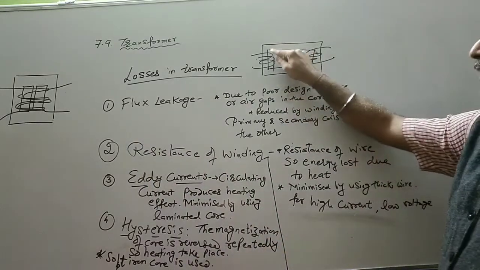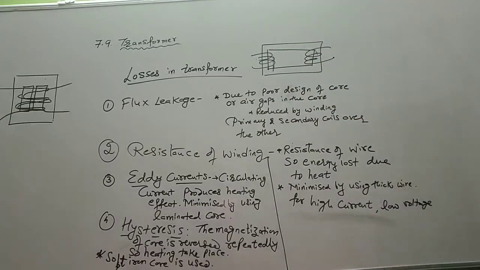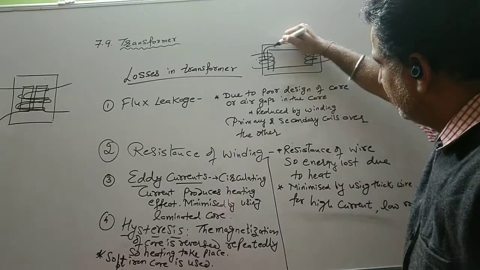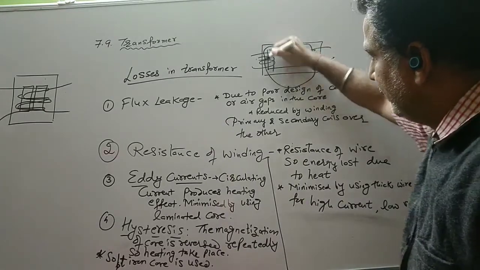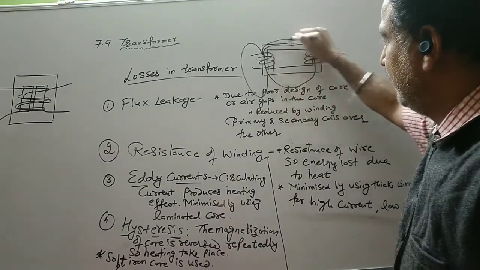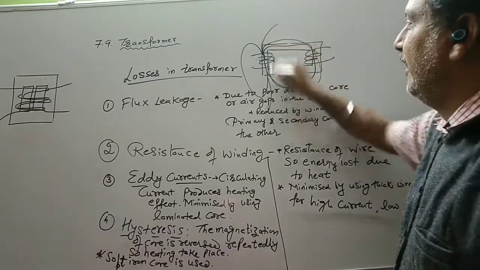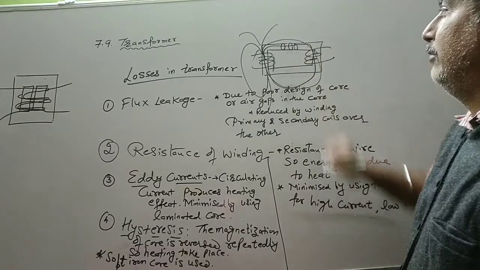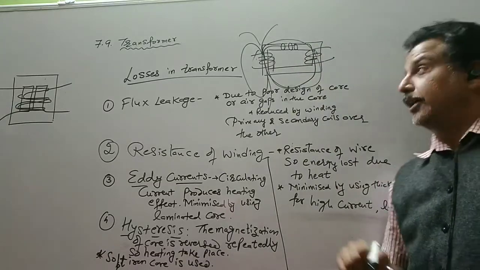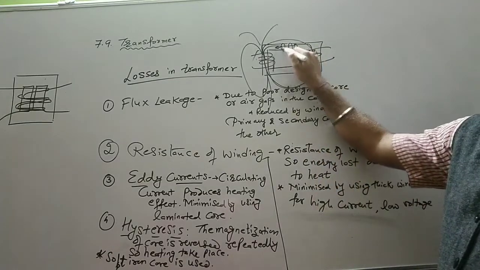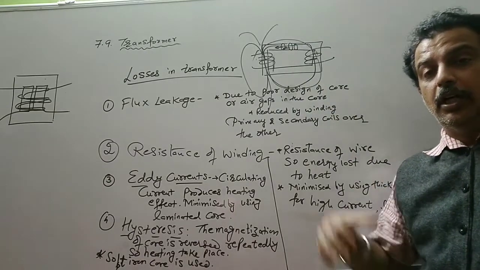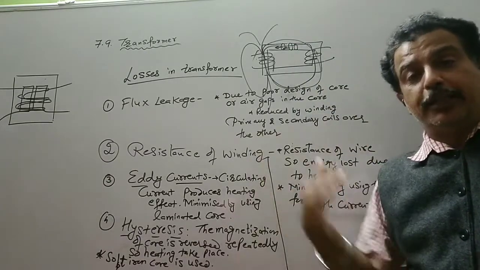So if I say the magnetic field produced here is like this, these are the magnetic field lines which are linked. So there are circulatory currents here. These are the induced currents which will oppose the growth or the decay of the current.